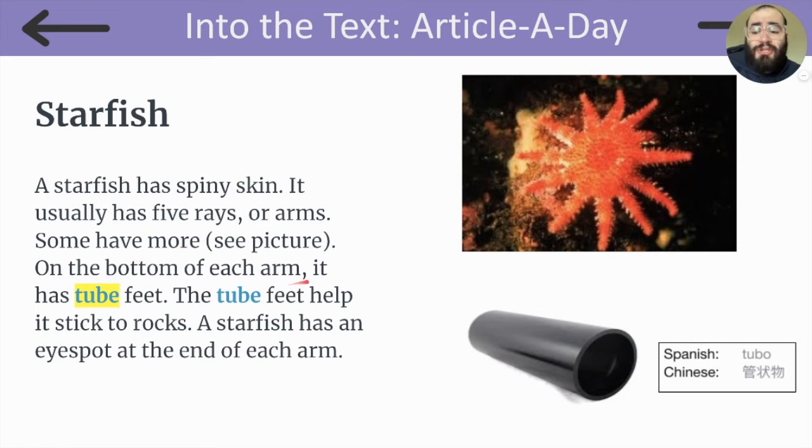On the bottom of each arm, it has tube feet. This is a tube. In Spanish, we say tubo. So at the bottom of each arm, it has little tubes. The tube feet help it stick to rocks. A starfish has an eye spot at the end of each arm. Its eyes are at the end of each little arm. Interesting.